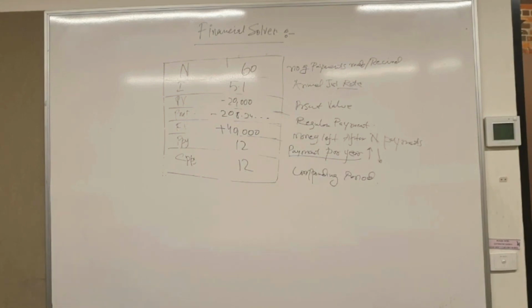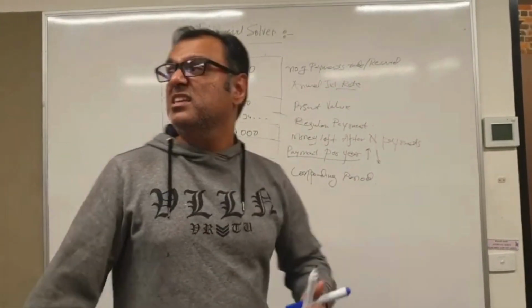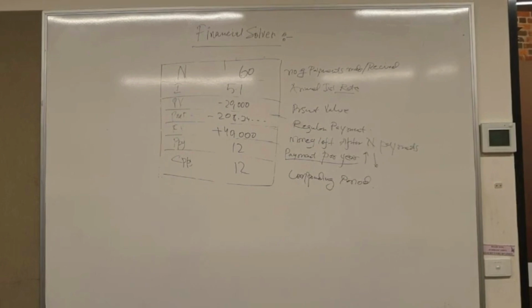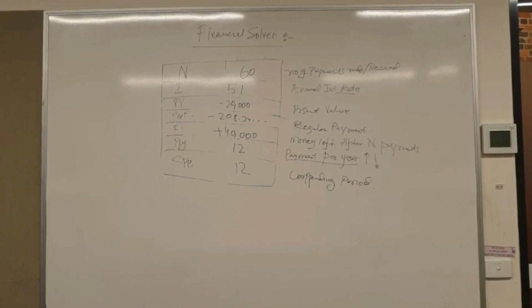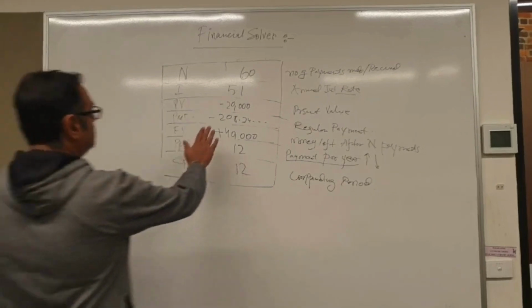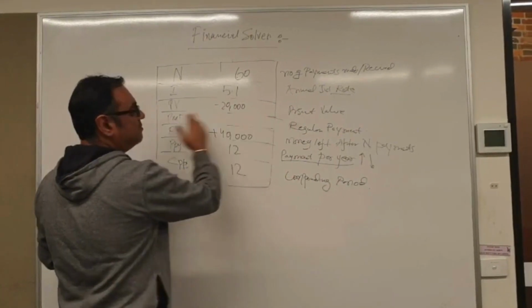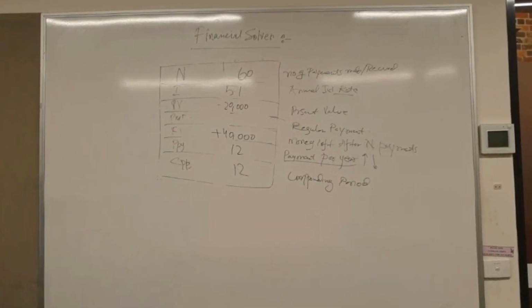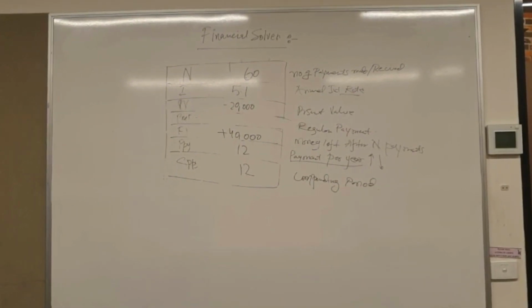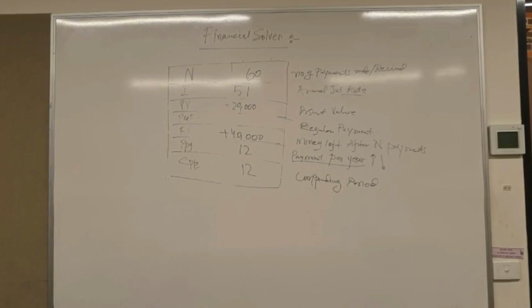Now, part 2 of the question tells us, it says, if Winston invests $1,000 each month, so that means this PMT is now how much? Negative 1,000, correct?